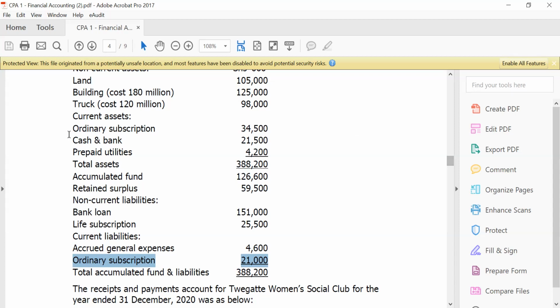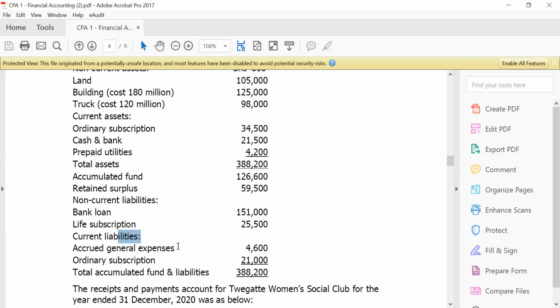So that's why I said when you find them under current assets, these are ordinary subscriptions that are outstanding, because it's the club that is demanding from its members, so it is an asset. If it's the members that have already subscribed to the club and this money was received in advance, then it's taken as a liability to us, the club.